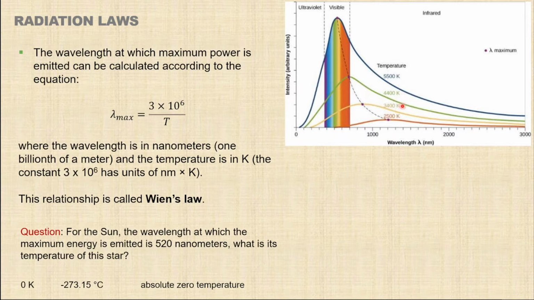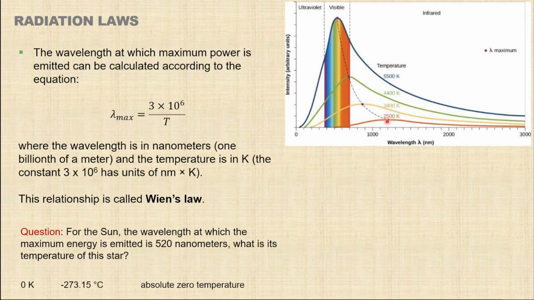And for 4400 Kelvin, the maximum power is generated at that wavelength. And for 2500 Kelvin, the maximum power is generated at 1200 nanometer wavelength.